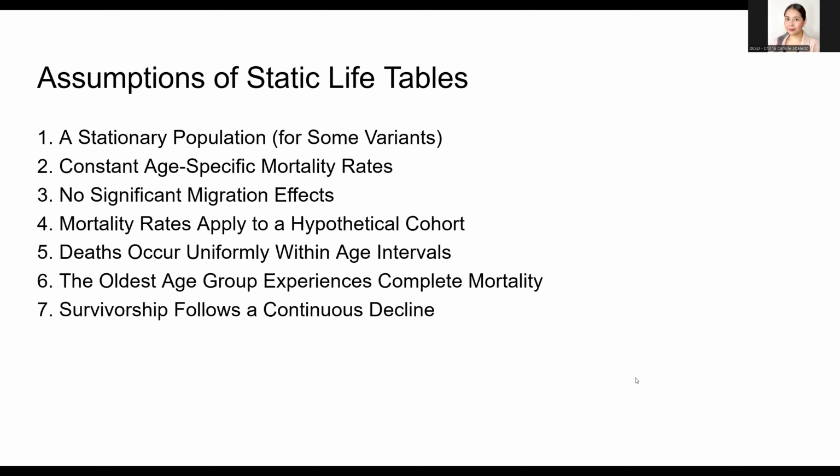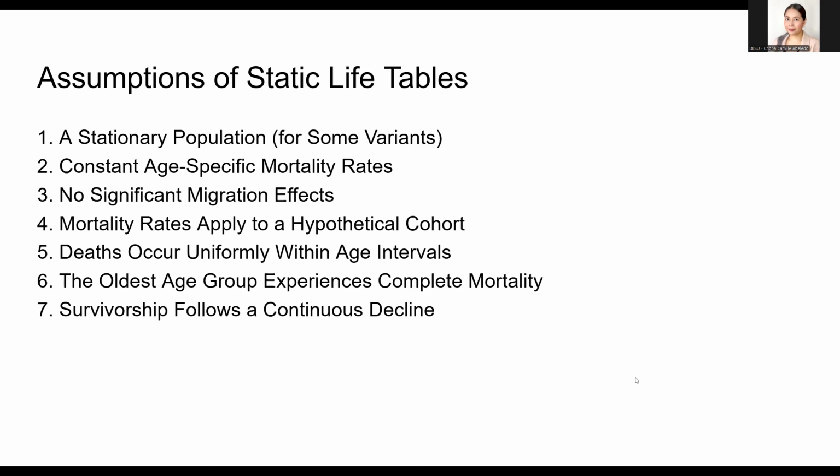Okay? And then lastly, we assume that the number of individuals surviving to a particular age decreases smoothly according to observed mortality patterns. Meaning, walang abrupt jumps, dahan-dahan yung pagbaba ng dami ng individuals.